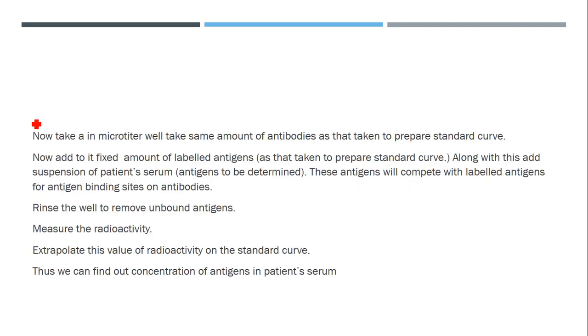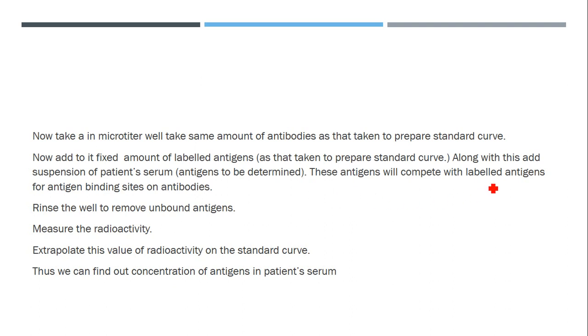Now what we are going to do: take a microtiter well with the same amount of antibodies as we have taken to prepare the standard curve. Now add to it a fixed amount of labeled antigen, the same as that taken for the standard curve. Along with this, add the suspension of patient's serum, that is, the antigens to be determined.